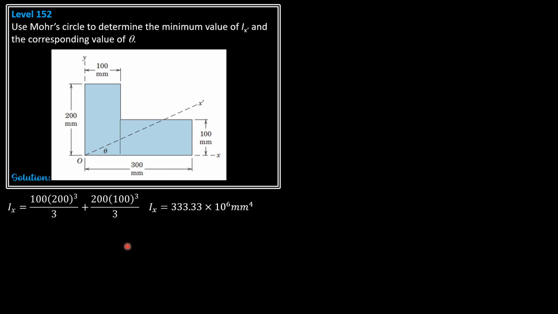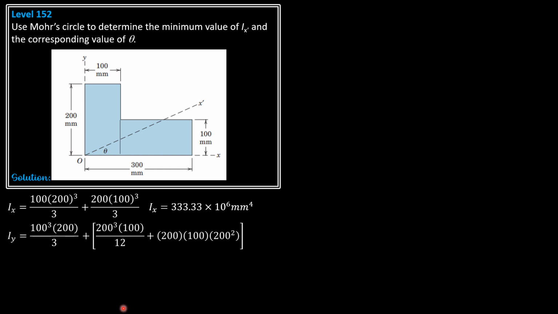Then for Iy, we have 100 cube times 200 over 3. Then we have to transfer the other one, which is 200 cube times 100 over 12 plus area, which is 200 times 100. Barred x is 200 and barred y is 50.